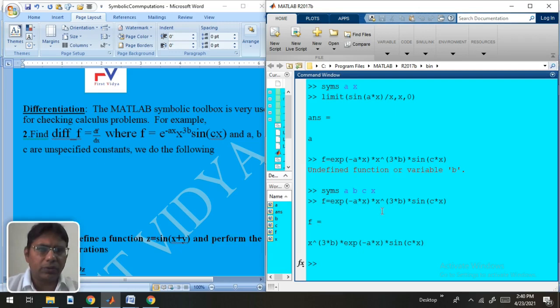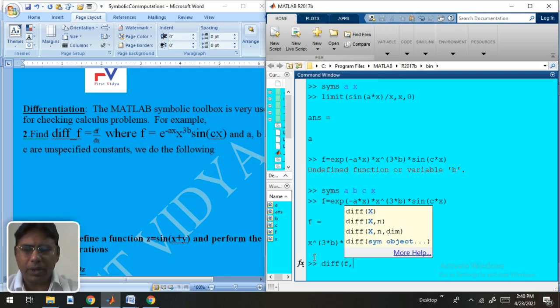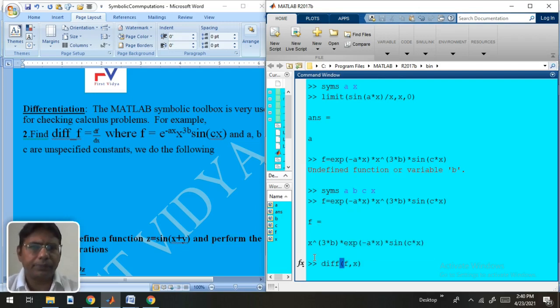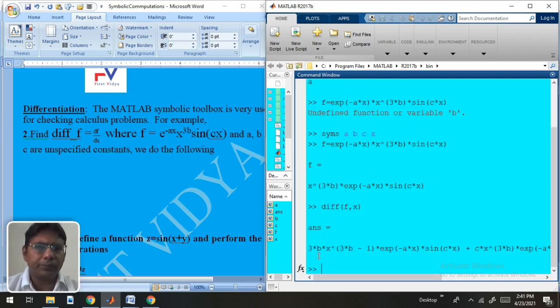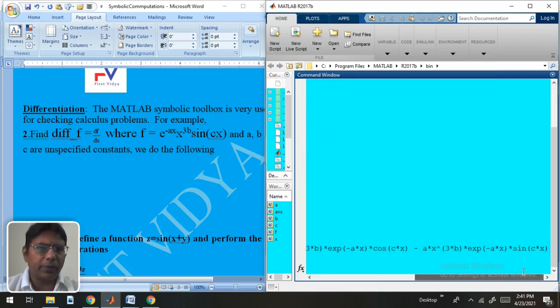See here, now we are getting the same function, and now we want to differentiate this function. So we will write diff and then f comma x. Okay, let's see. So this is the result we are getting here.